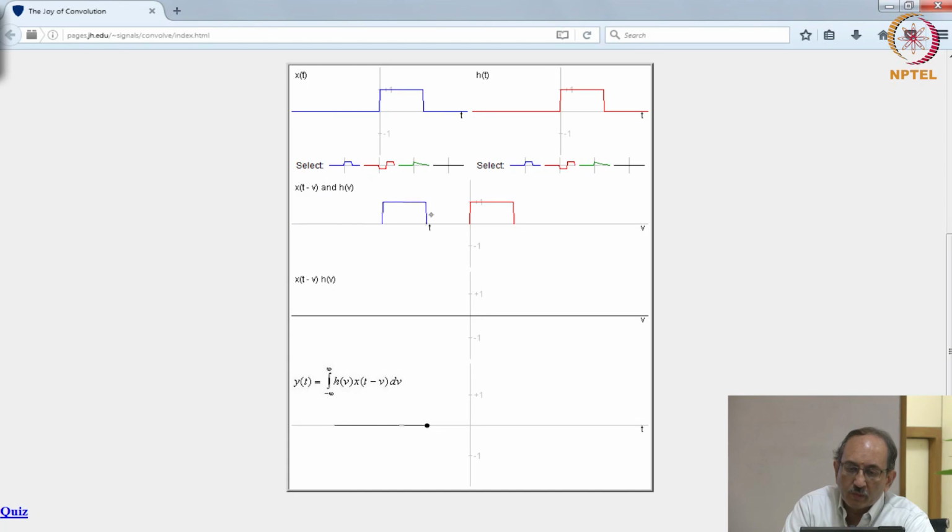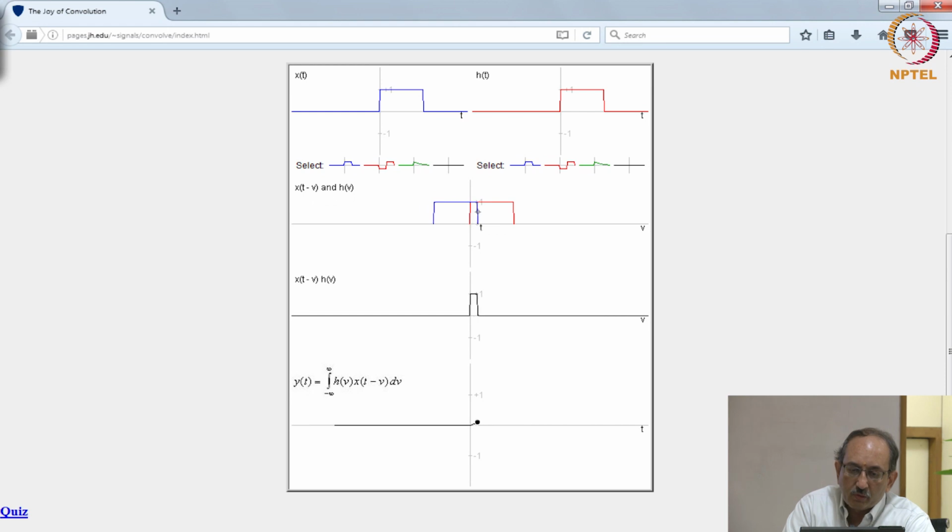Therefore, when you move to the left or to the right, this dot in the bottommost panel, which is going to give you the result of the convolution, will always be tied to this reference point. So, now you keep moving, no overlap, and at this point you just start to overlap these two pulses. The third panel shows you the product, and the last panel shows the area under the product.